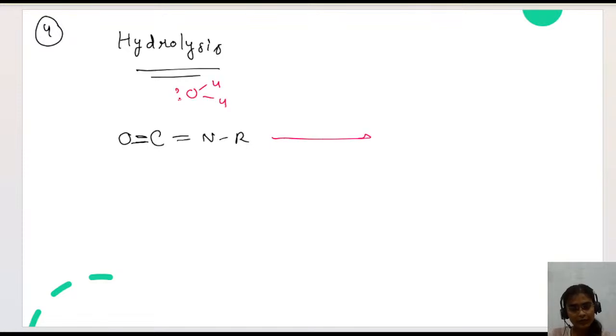Oxygen has a lone pair. So this OH attacks here, and this bond opens up. This is the point. Then next, the carbon, this bond opens, O negative, and this is O, H and H, and the double bond nitrogen and R is still there. Let's see what is happening.